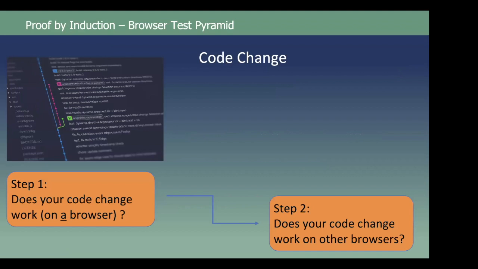So first, is your code change working? Don't worry about the browser. Then you don't have to run the same cases on every browser. Just pick a few, probably 5% of your critical cases, and run them on your other browsers. That is, I think, the best way to make sure that you have enough coverage.